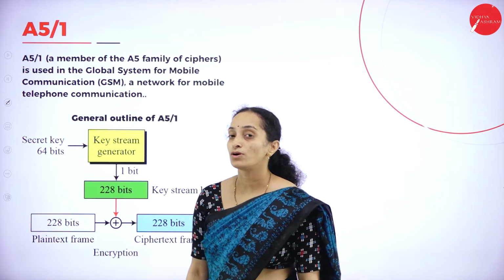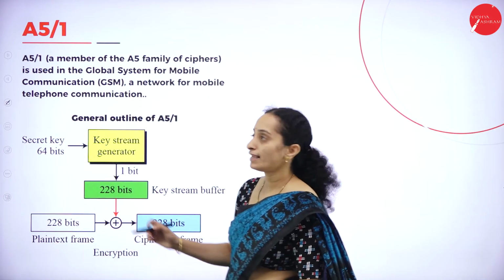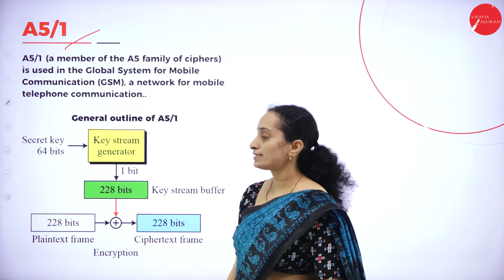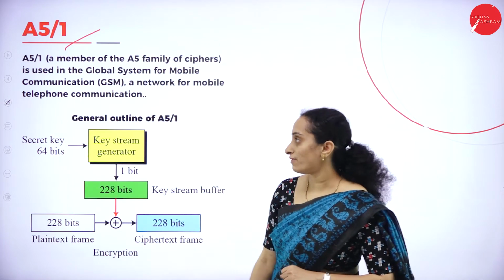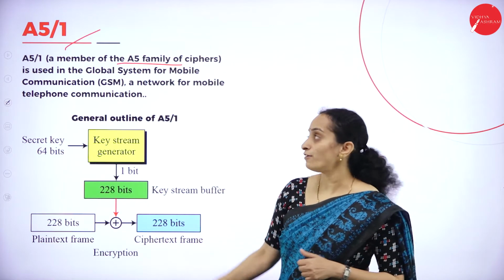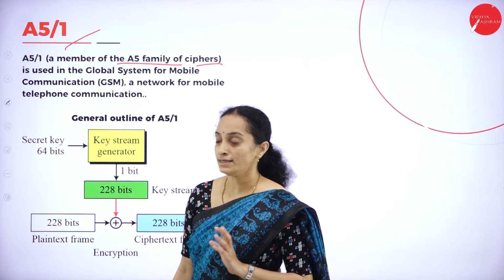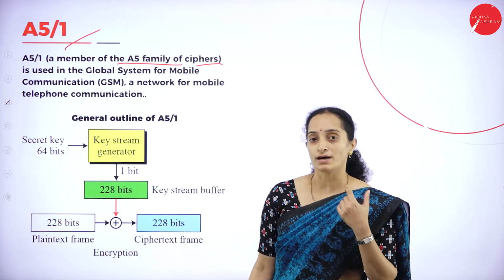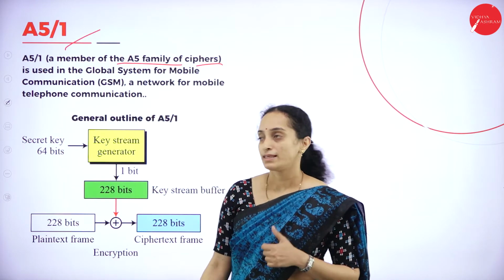Now, let's move on to the next kind of ciphering, that is the A5/1. What does this do? This is another type of stream ciphering. A5/1 is a member of the A5 family of ciphers. So A5 is a set of ciphering methods where 5/1 is one of the types of ciphering method used in the A5.